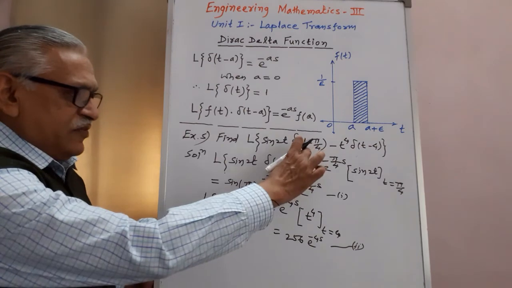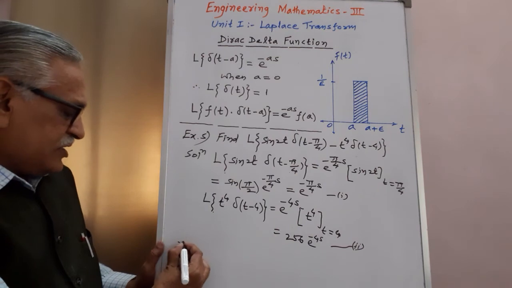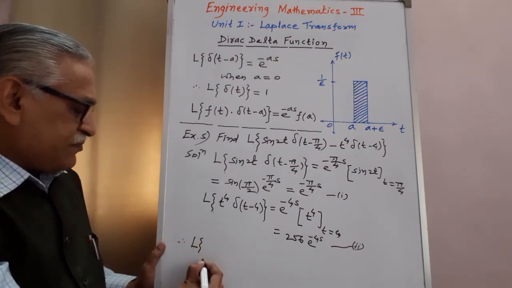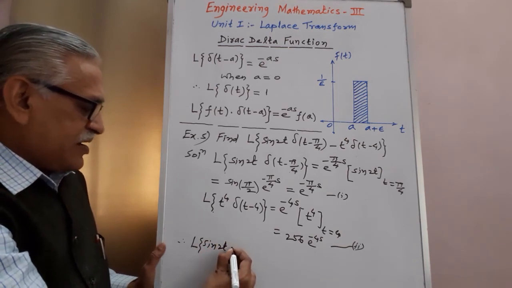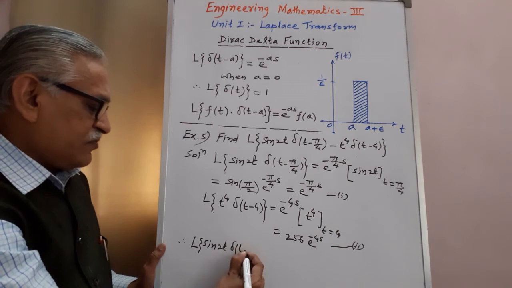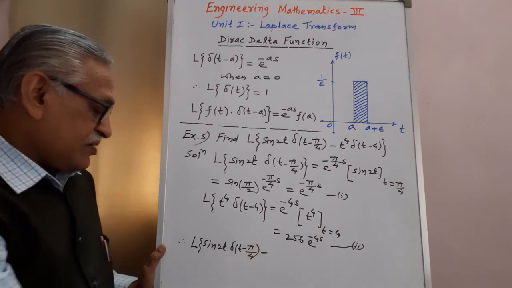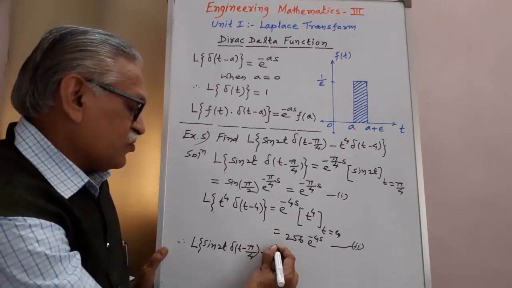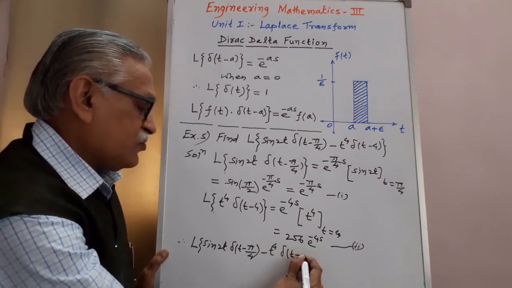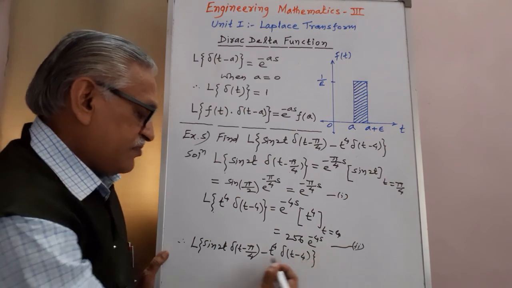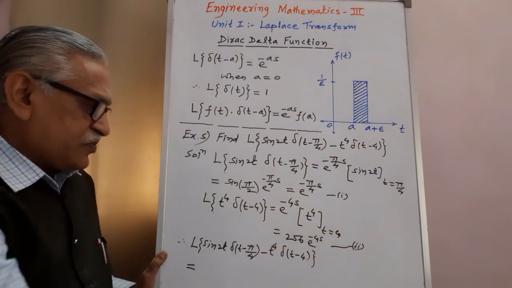And then if we substitute the two values here, we get the Laplace of this function, and therefore the Laplace transform of sine 2t multiplied by delta of t minus pi by 4, minus t raised to 4 delta of t minus 4, is equal to equation 1 minus equation 2.